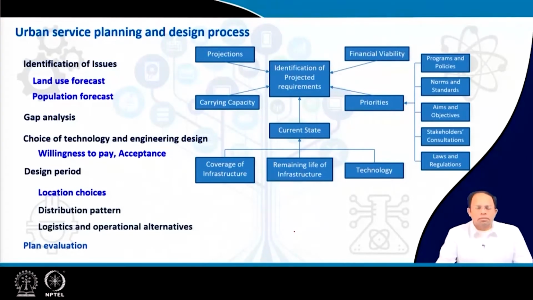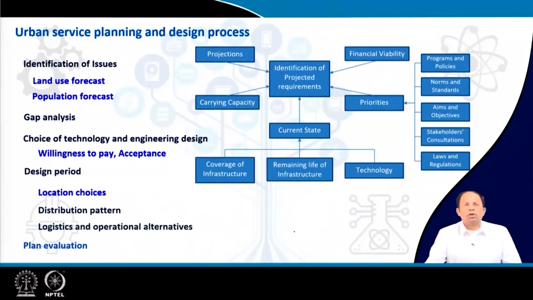Based on what we have learned till now, whenever we have to plan for a particular service, or even for certain kinds of facilities, we have to follow certain steps. We start with identification of different issues. We have to focus on the population, focus on the land use for that particular area, and determine the gap between what is currently present and what is required or expected.